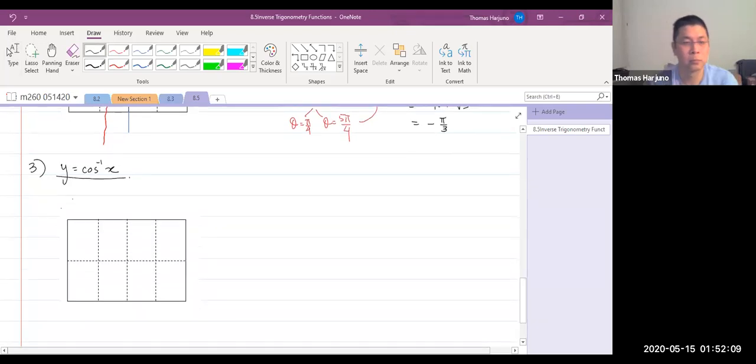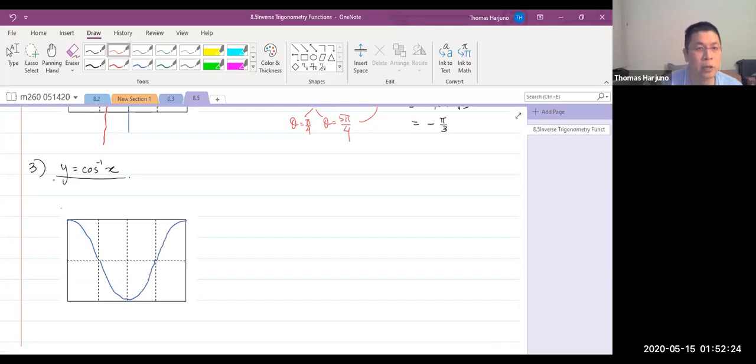We know the graph of cosine looks like this. So it's 0, pi over 2, pi, 3 pi over 2, 2 pi.